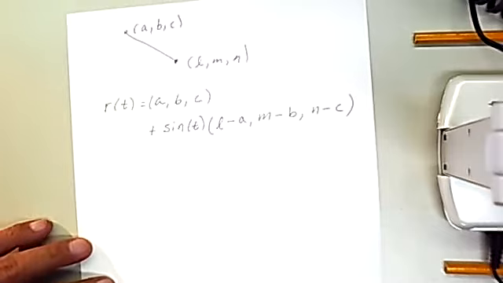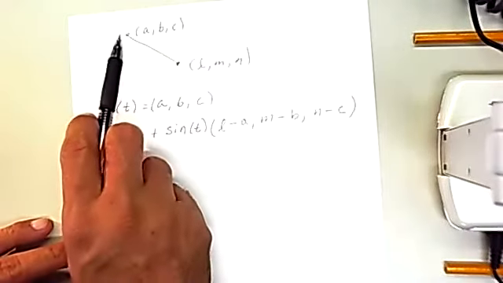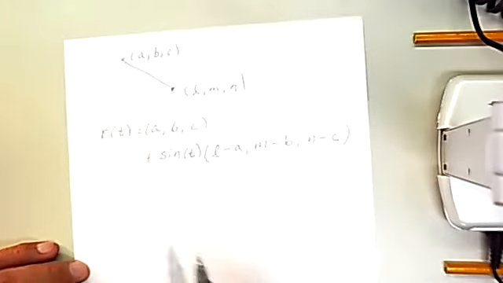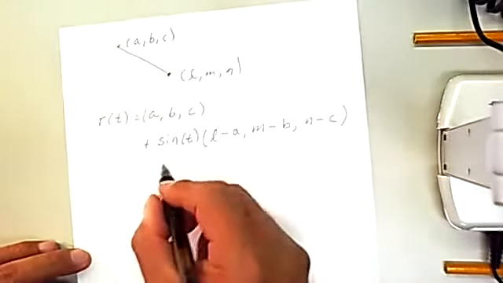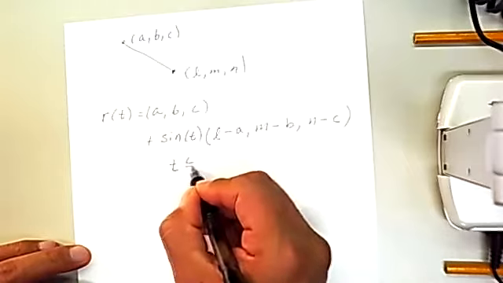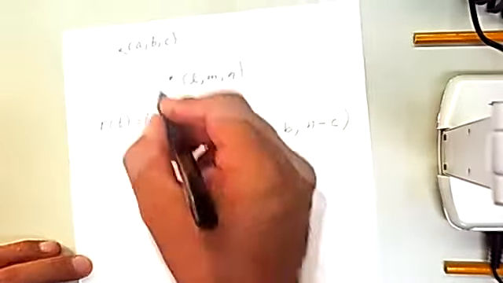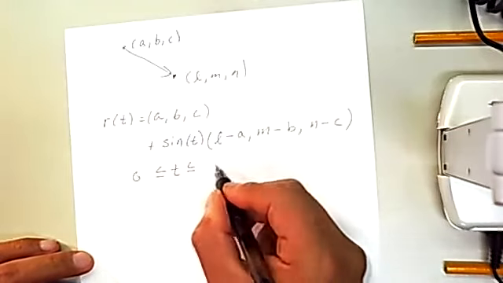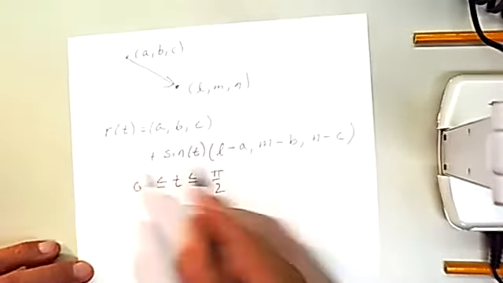That will achieve exactly the same thing, although the velocity at which we go from ABC to LMN is going to vary. And also the parameter has to be established so that we go in one direction only once. So we go from 0 to pi over 2. So this will do the same thing.